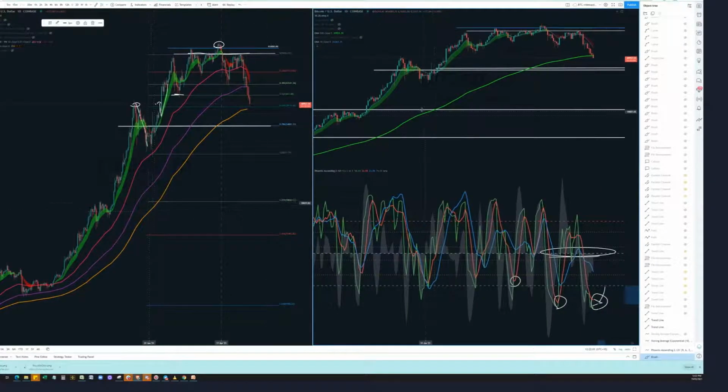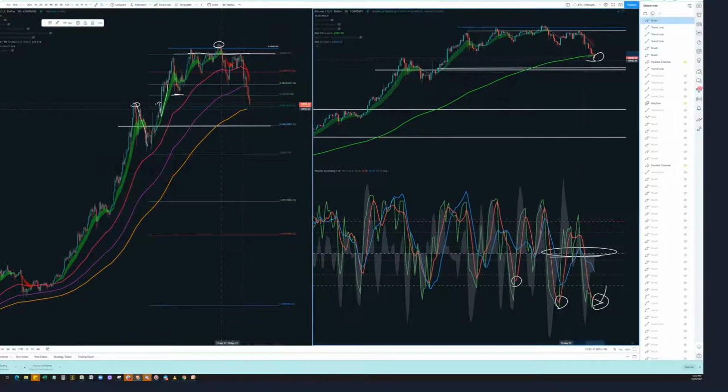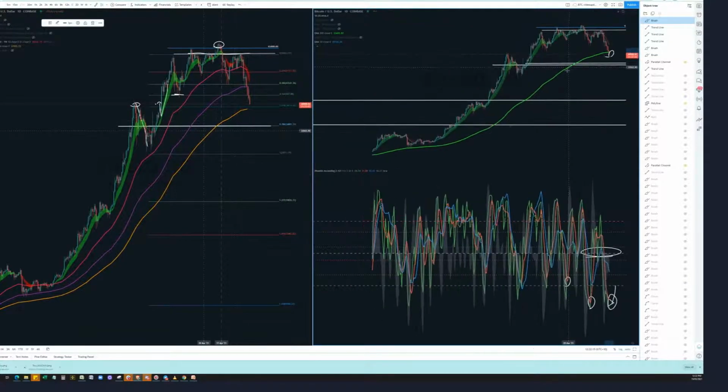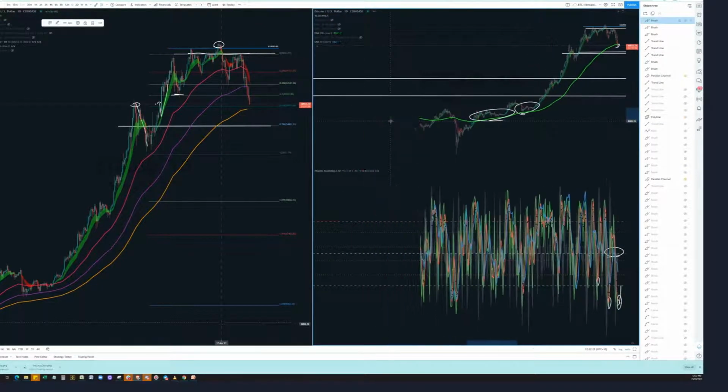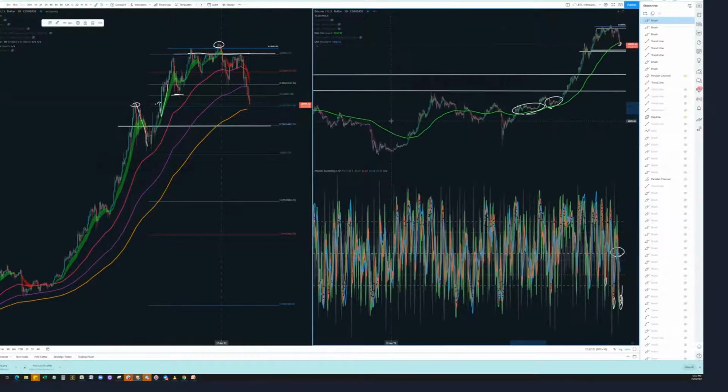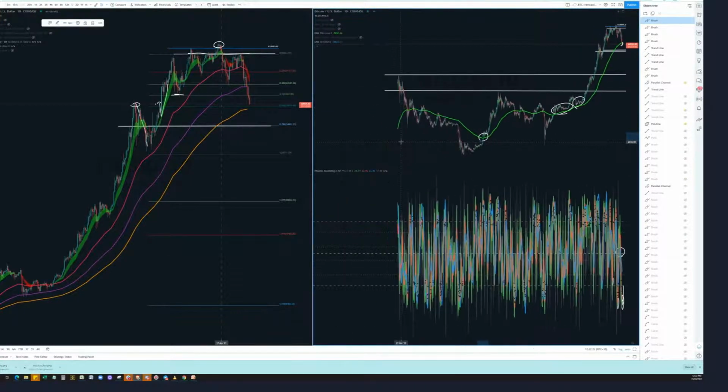You can see this green line here is my daily 200 moving average, and we lost that as well, and that was very important. Historically, the daily 200 moving average was important. Once it was broken, that was the start of the bull trend.